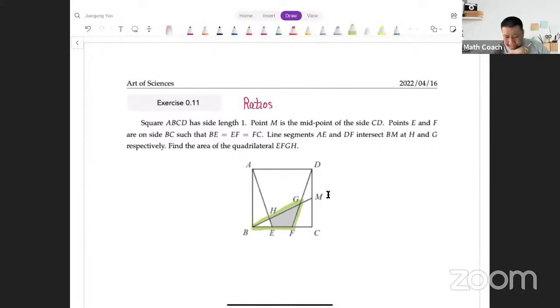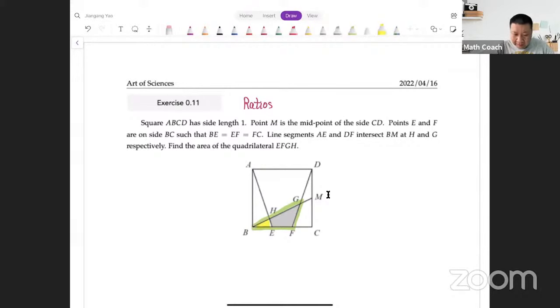Now what shall we do? We can deduct the green triangle and yellow triangle from it. If we can get that, then it will be fine.